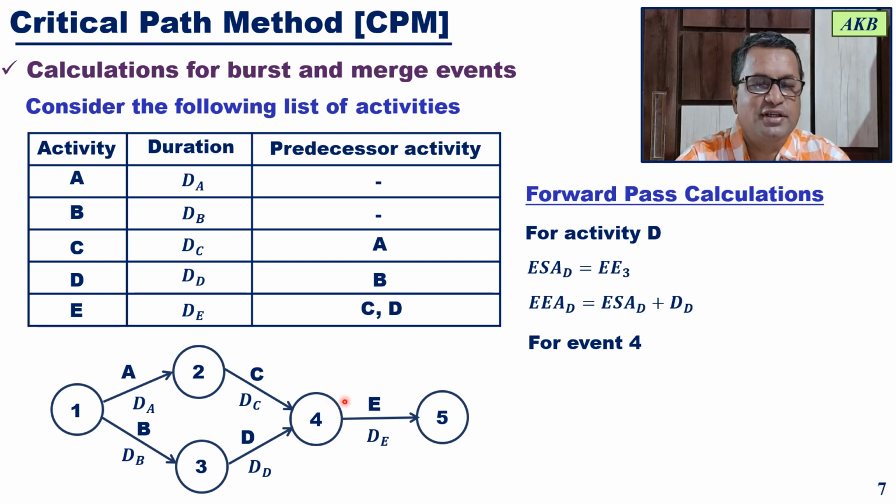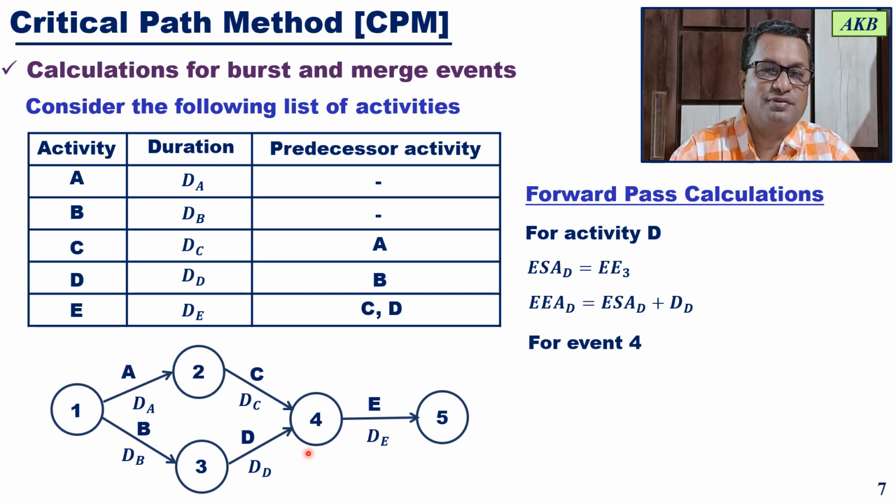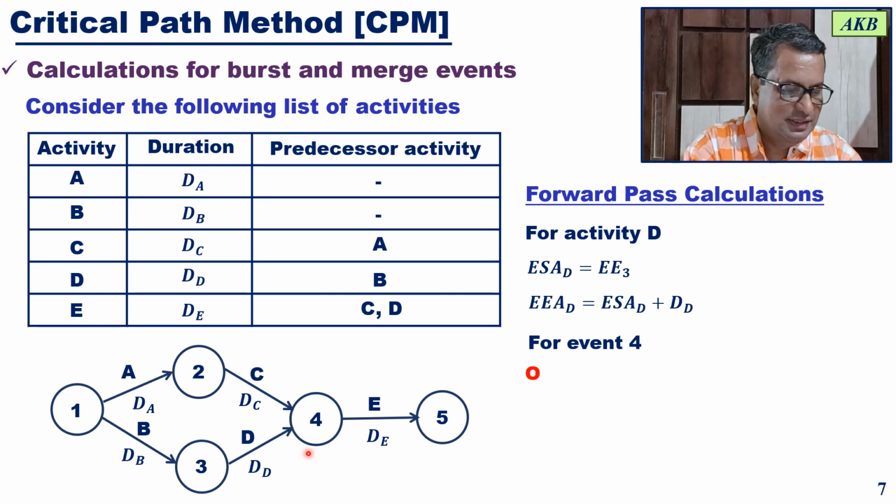Okay. Once you complete calculations for C and D, what will be the earliest event time for event 4? It could be equal to the earliest end time for activity C or the earliest end time for activity D. So you have two options, and which one to select is what you have to learn here.